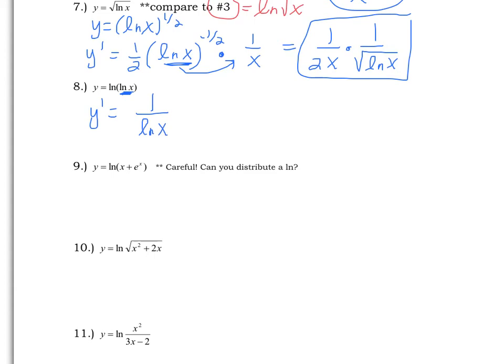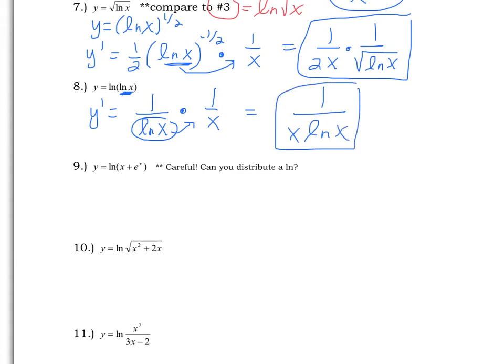So it would be 1 over ln of x, and then we have to chain along the derivative of the inside, which would be 1 over x, because that's the derivative of ln of x. Let's do this as one big fraction: 1 over x ln of x for our final answer.